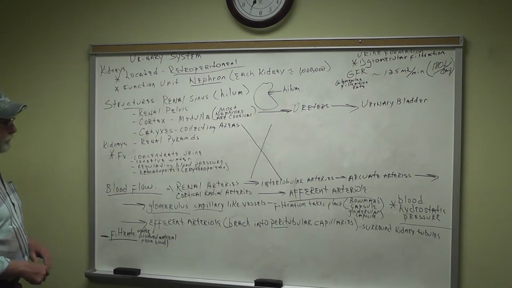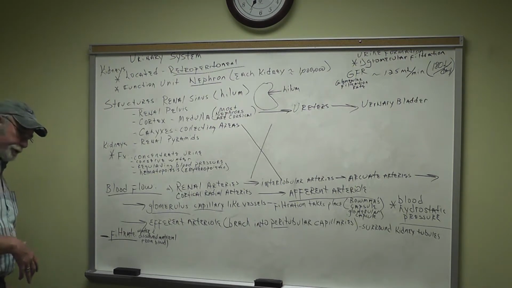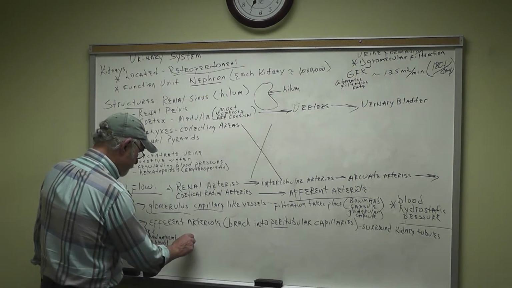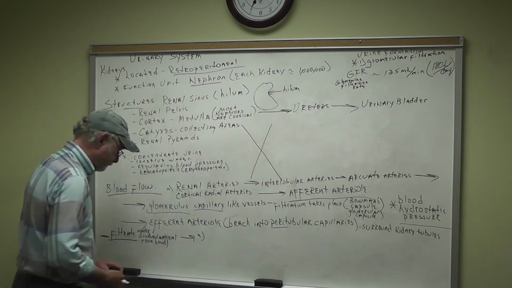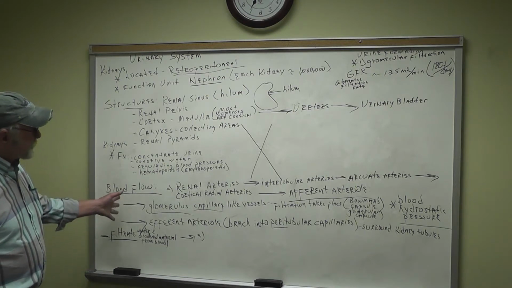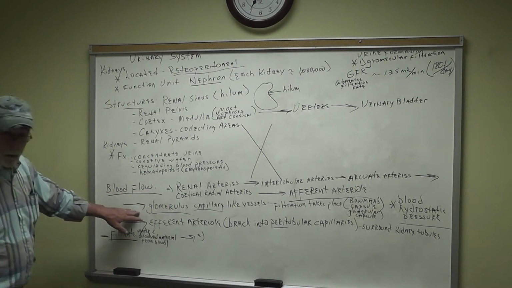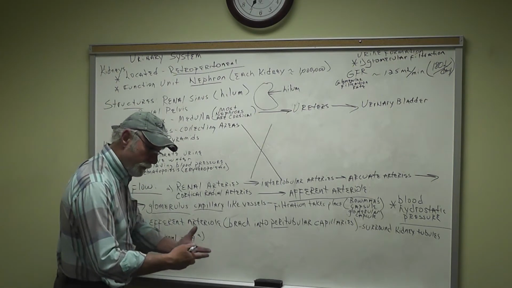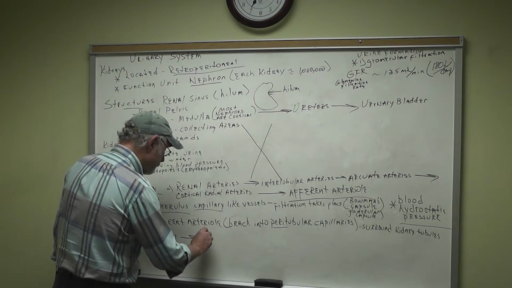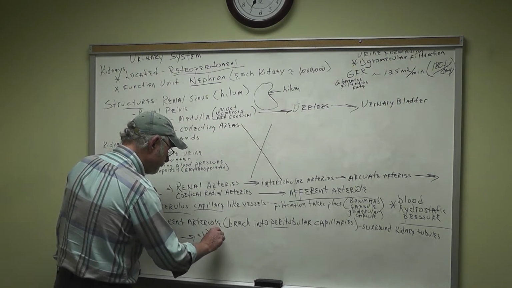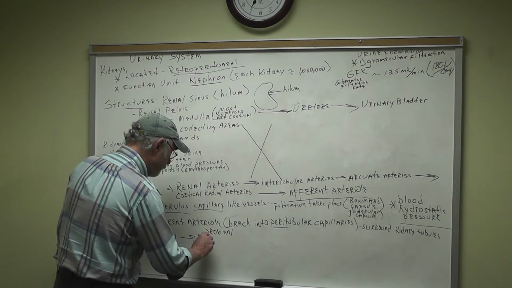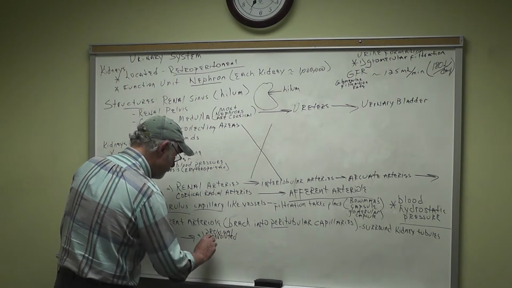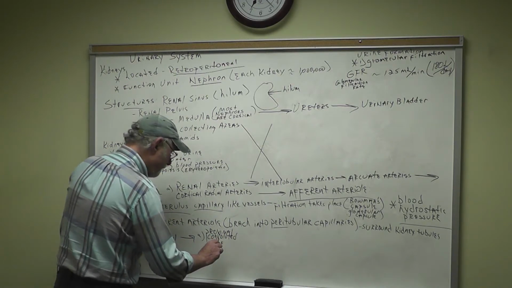Now, this filtrate from Bowman's capsule will enter into a series of tubes. The first tube, closest to the glomerulus, is called the proximal, because it's closest to the point of origin. That's what proximal means. The proximal convoluted, because it's all twisted, tubule, T-U-B-U-L-E.